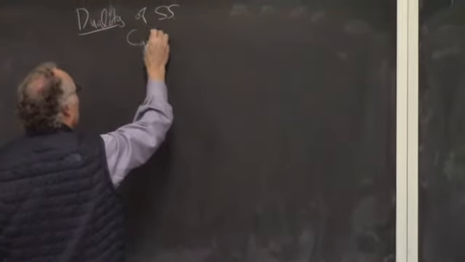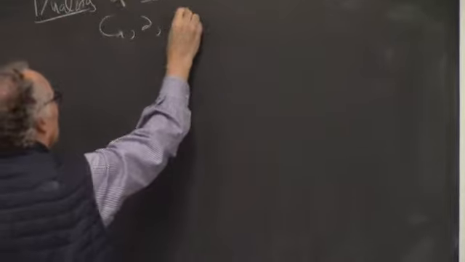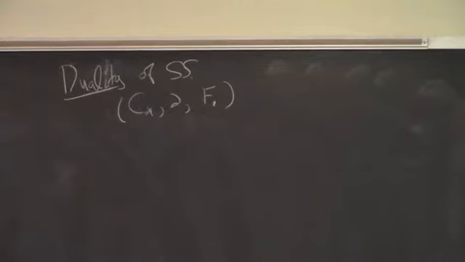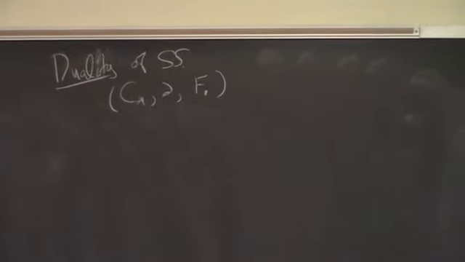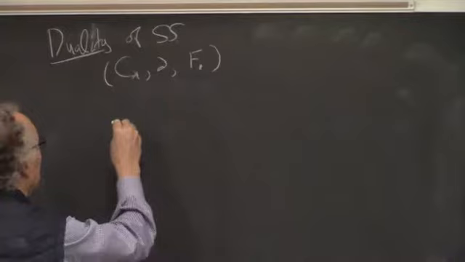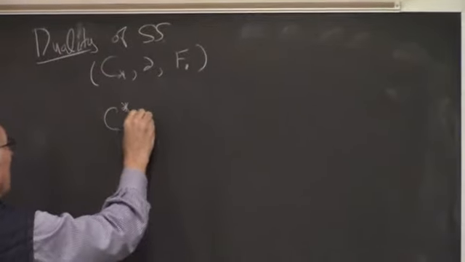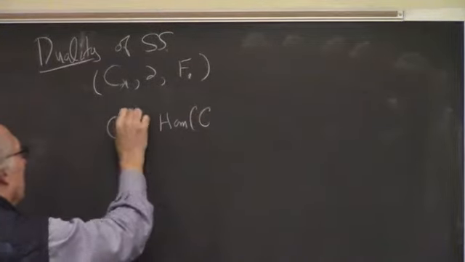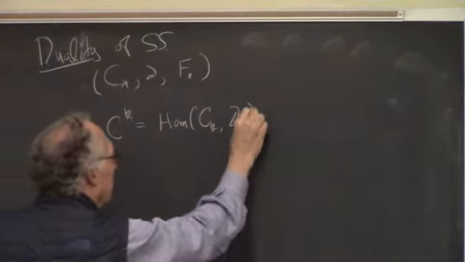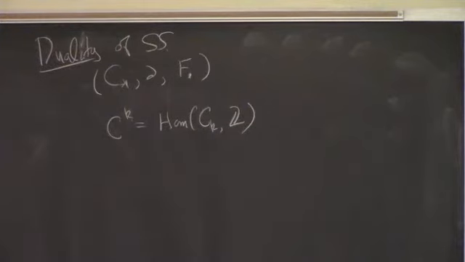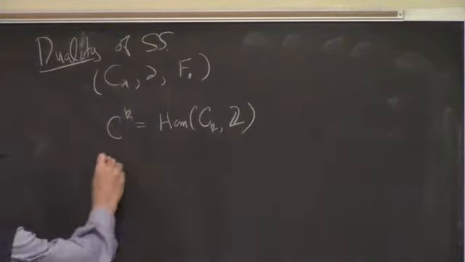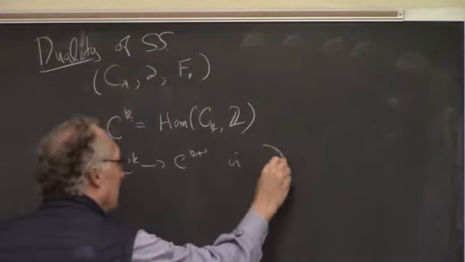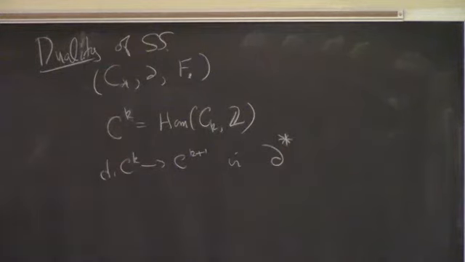So suppose we start with a chain complex and an increasing filtration. And here I'm going to take the chain groups to be free abelian, so I'm going to go to some kind of derived category. I define the cochain complex to be C^k = Hom of the chains C_k into Z, and the differential C^k to C^{k+1} is the algebraic dual of the boundary map.